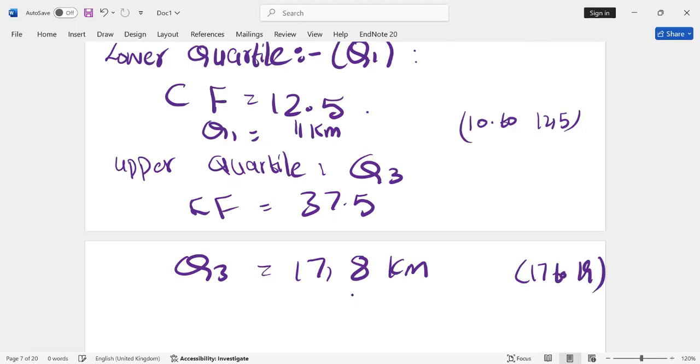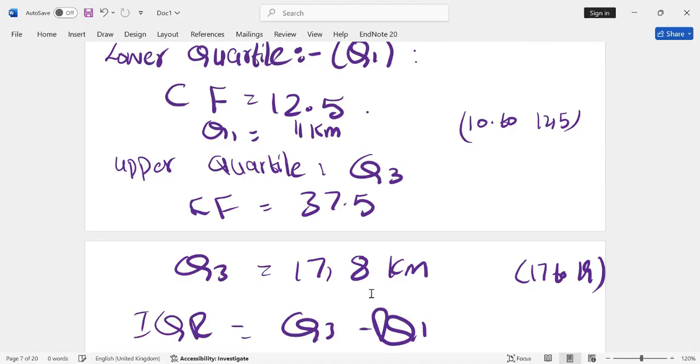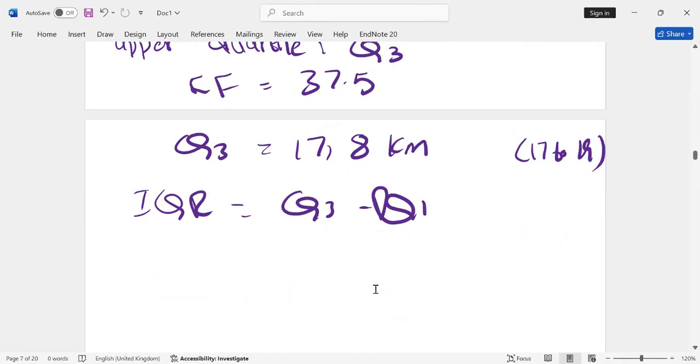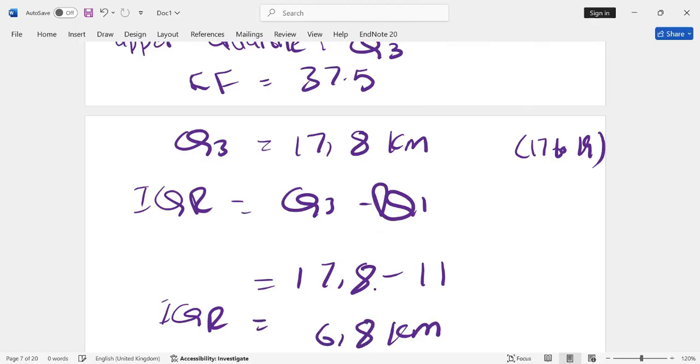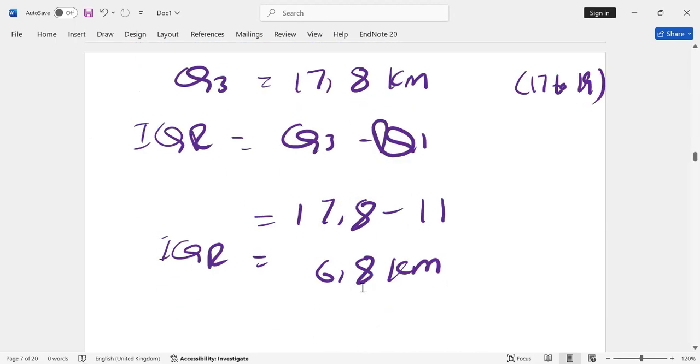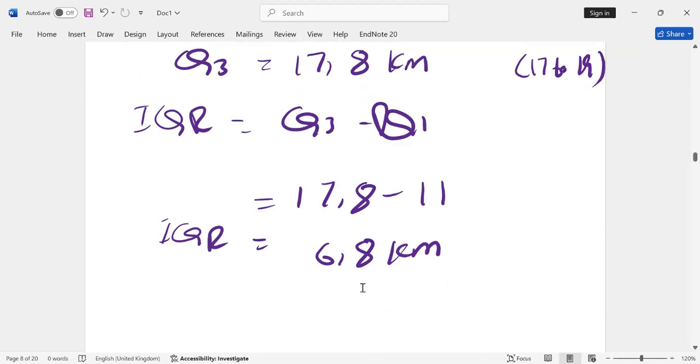All right, so we need to calculate IQR, that is equals to Q3 minus Q1. Okay, so 17.8 minus 11, and we got IQR that is equals to 6.8 kilometer, and its acceptance between 5 and 9. That is the required thing that we need to find out in this question.